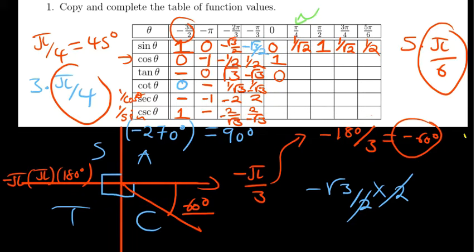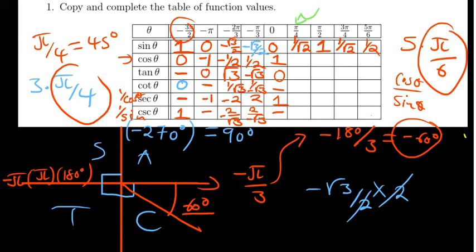You can think about it another way, cosine theta over sine theta. So cosine theta is 1, and then sine theta is 0. So it is undefined. Secant, 1 over cosine. The cosine is 1, so it will be 1. Cosecant, 1 over sine, so 1 over 0 is undefined.